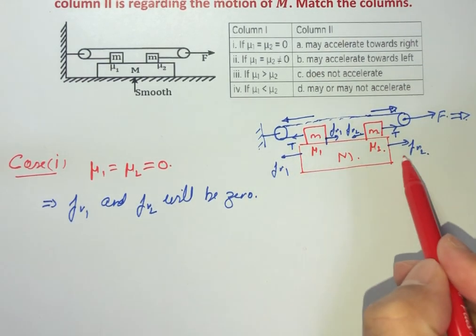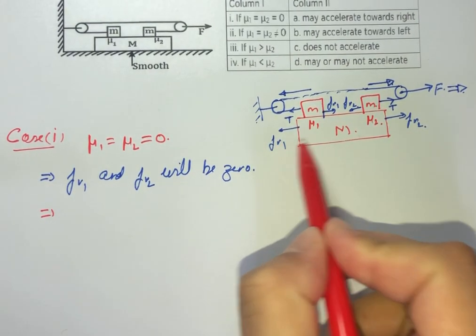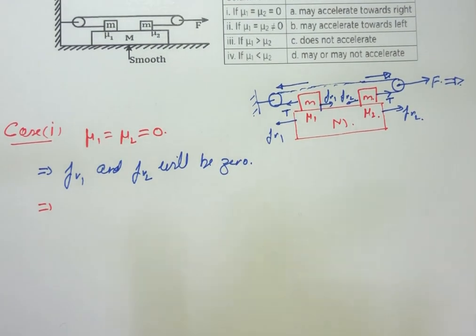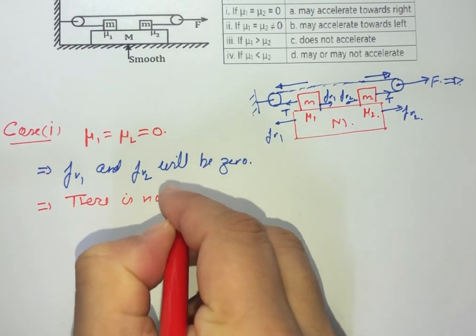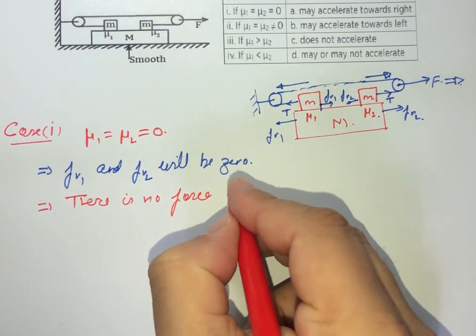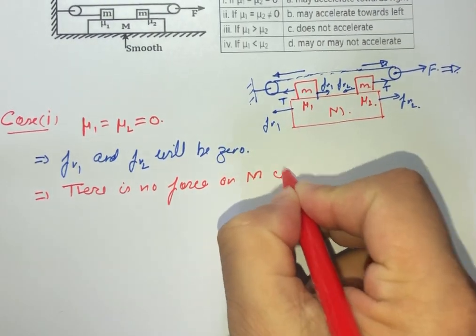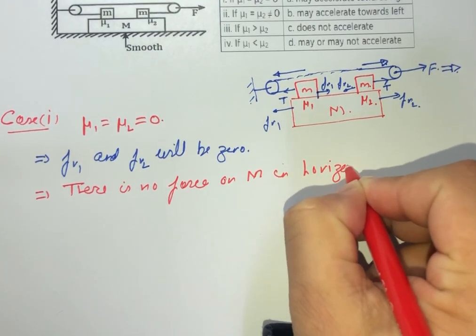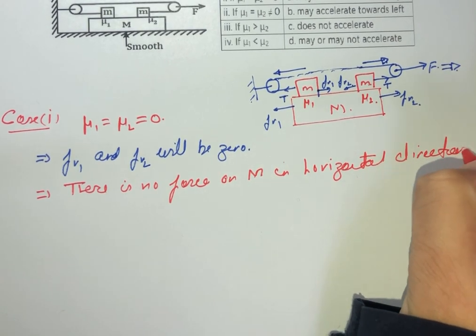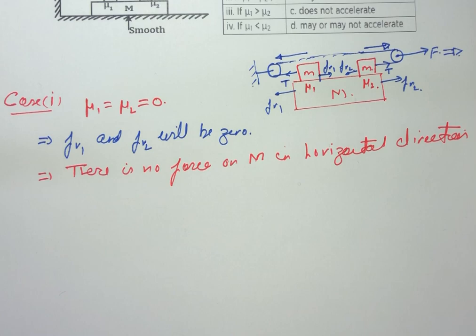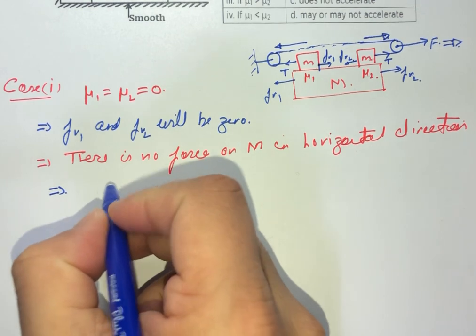If both FR1 and FR2 are 0, there will be no force acting on block M in the horizontal direction. If there is no force, M is not going to accelerate.